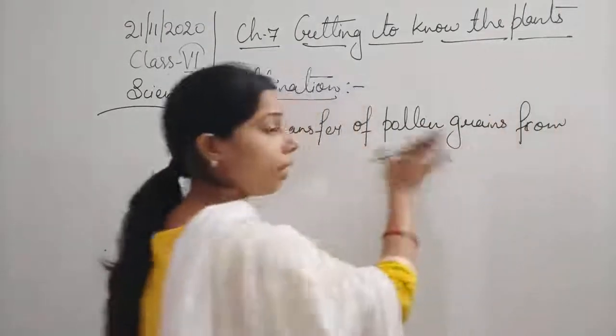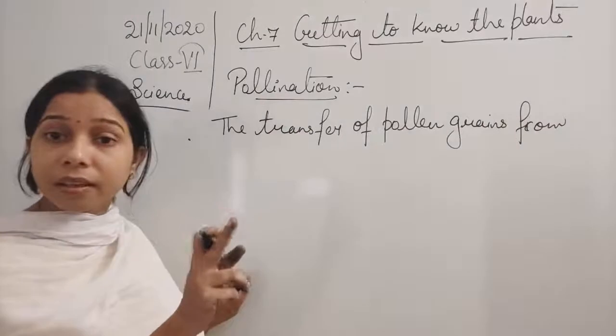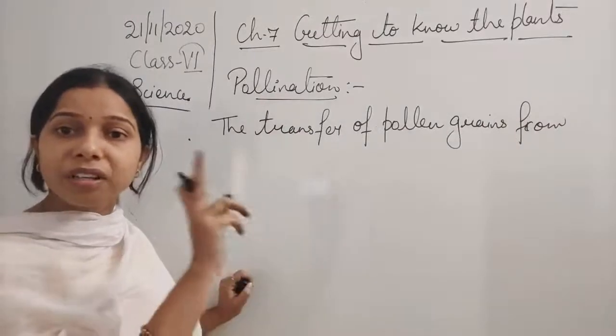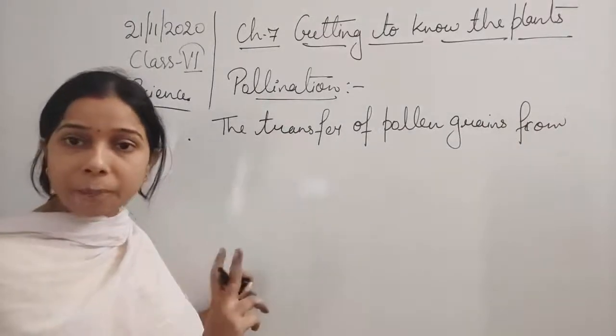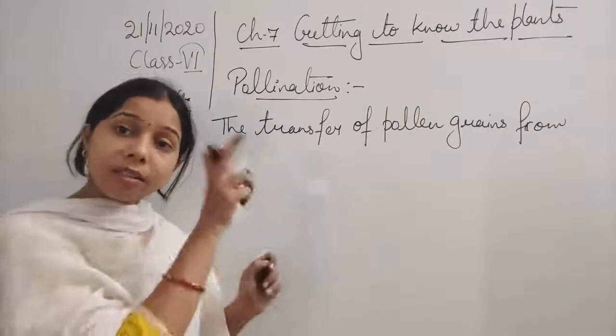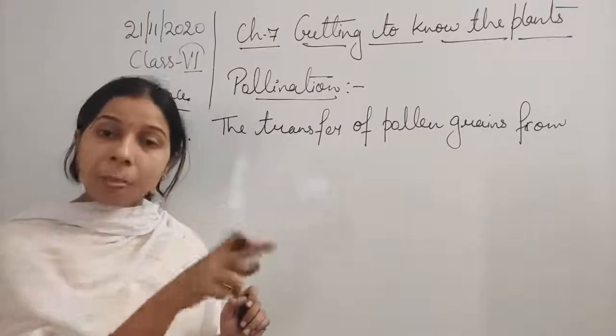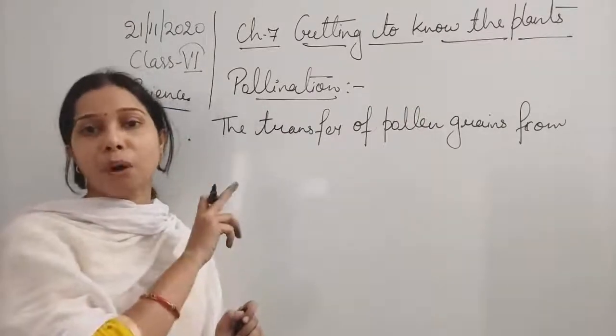from where the pollen grains are present? In the anther of the stamen. Stamen is the male part, and in the stamen the anther is there. Anther consists of pollen grains.